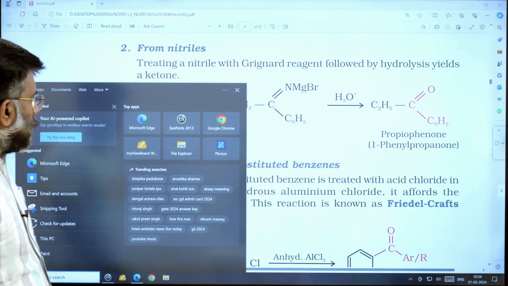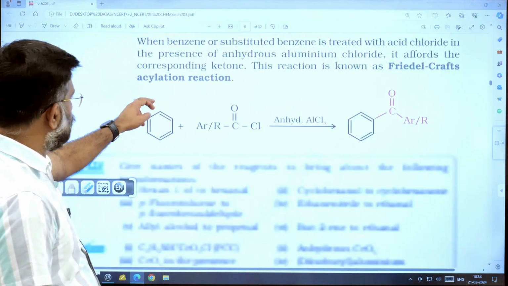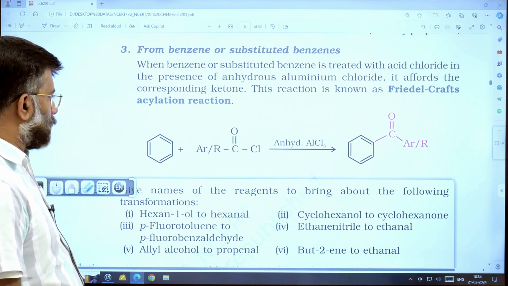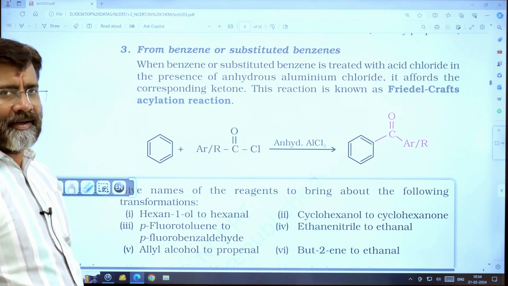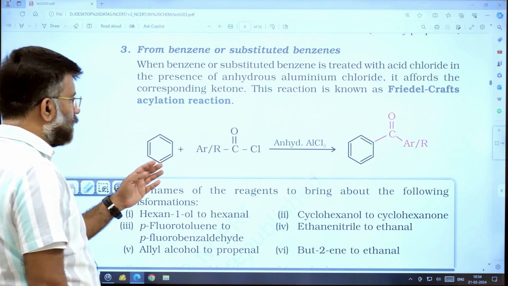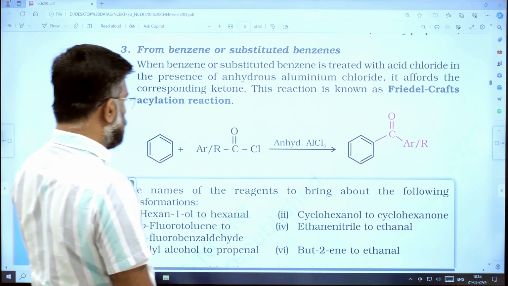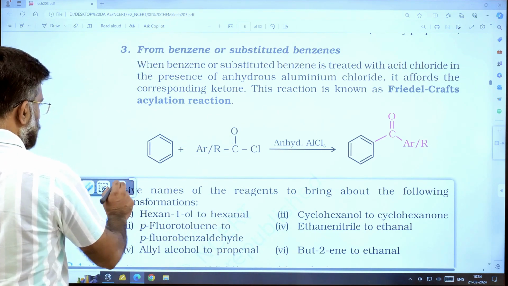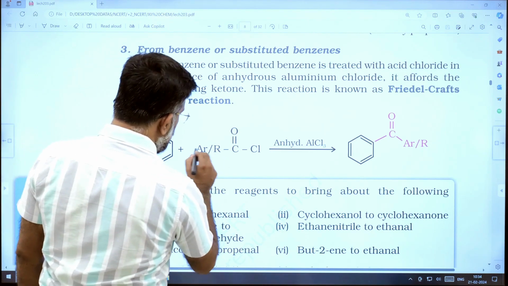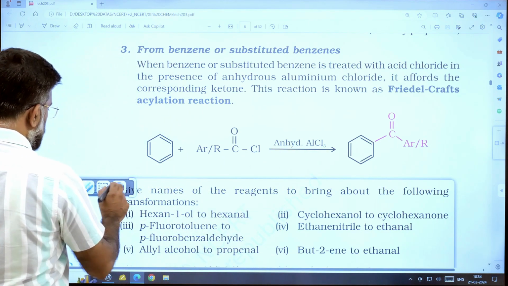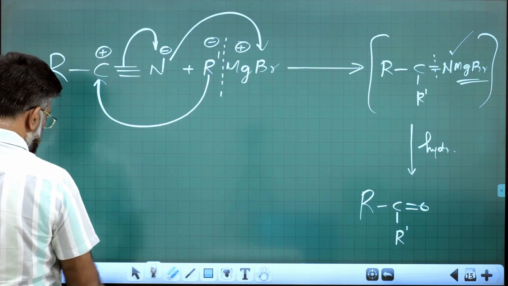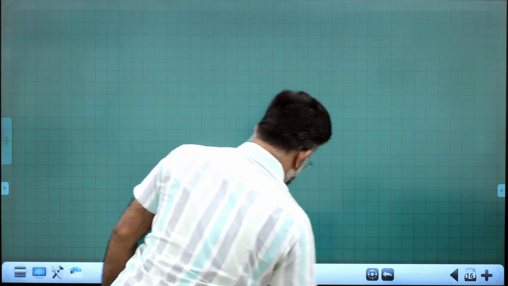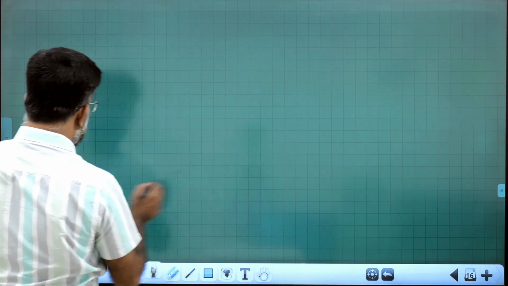And the last one, the FC reaction. FC acylation reaction. Benzene treated with an acid chloride, either aliphatic or aromatic, with AlCl3, and the reaction was perfectly learned during hydrocarbons.